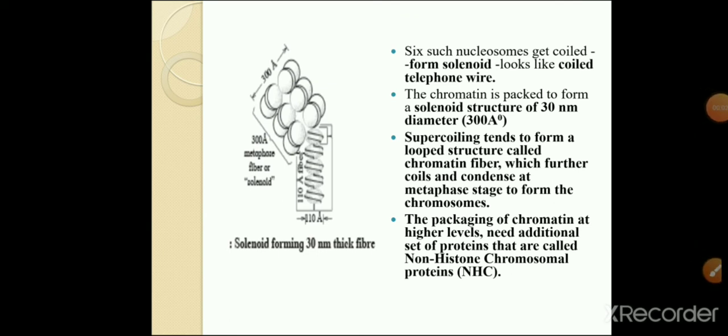Six such nucleosomes get coiled and then form a solenoid that looks like a coiled telephone wire. The chromatin is packed to form a solenoid structure of 30 nanometer diameter, that is 300 Armstrong units, and further supercoiling tends to form a looped structure called chromatin fiber, which further coils and condenses at metaphase stage to form chromosomes.